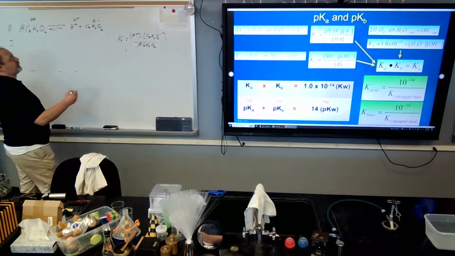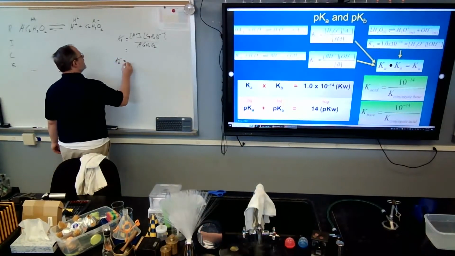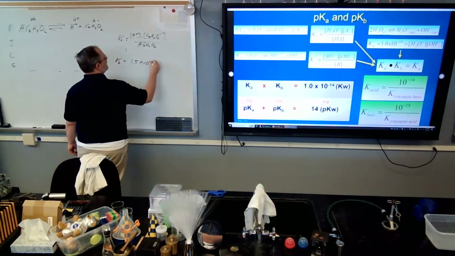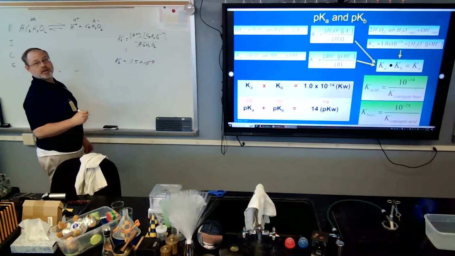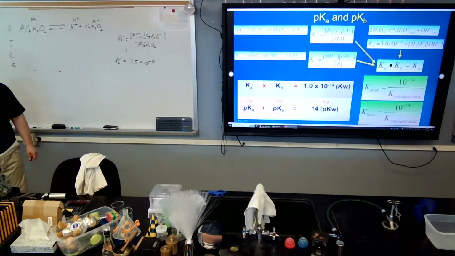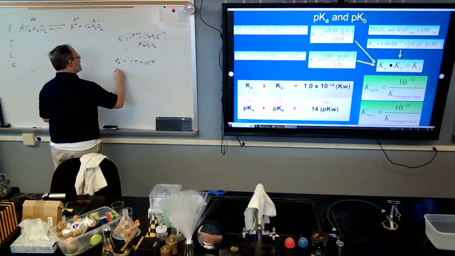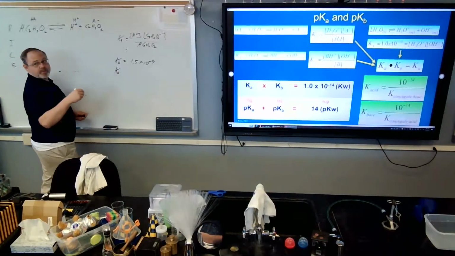Well, what it did is give you a Kb, and the Kb is going to be something like 1.5 times 10 to the negative 9. And you're like, all right, I can use that to get the Ka. And by the way, it's not going to say the Kb of this anion.